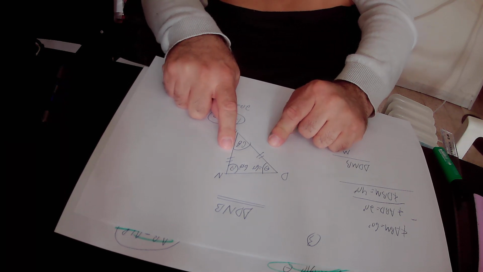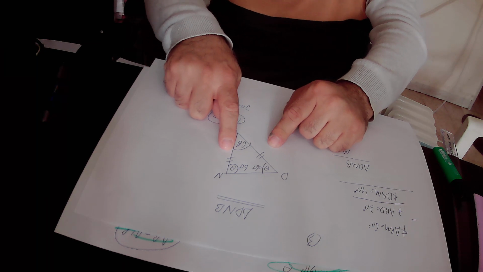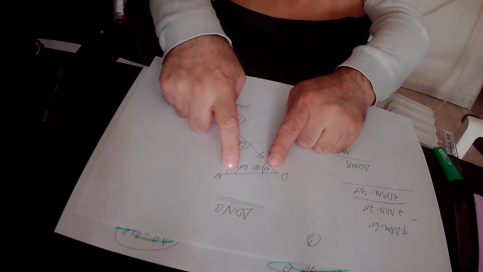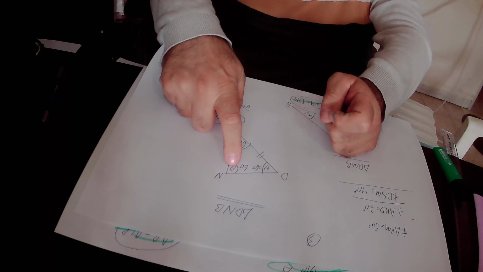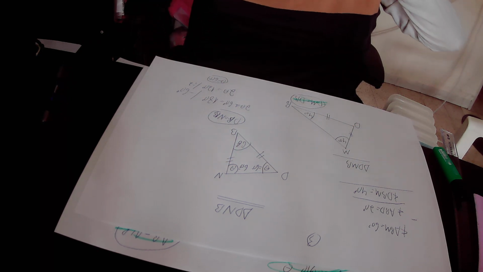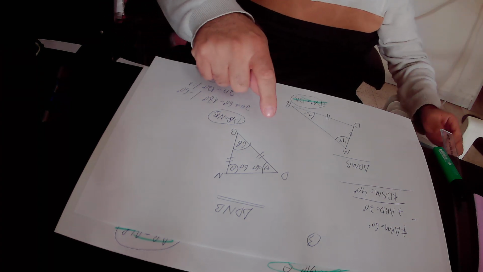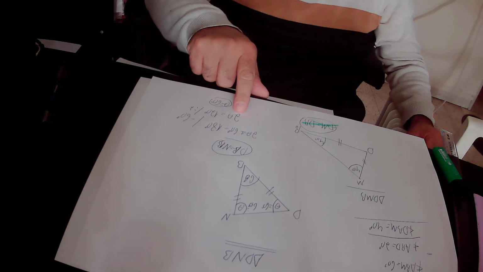Again, according to the same rule, that in front of equal sides in the triangle there are equal angles, those two angles that are located in front of equal sides must be equal to each other. So if this angle is theta, then the other angle must also be theta. The sum of the angles in triangle DNB equals 180 degrees. So we have theta plus theta is 2 theta plus 60 degrees, and in total they must be equal to 180 degrees.